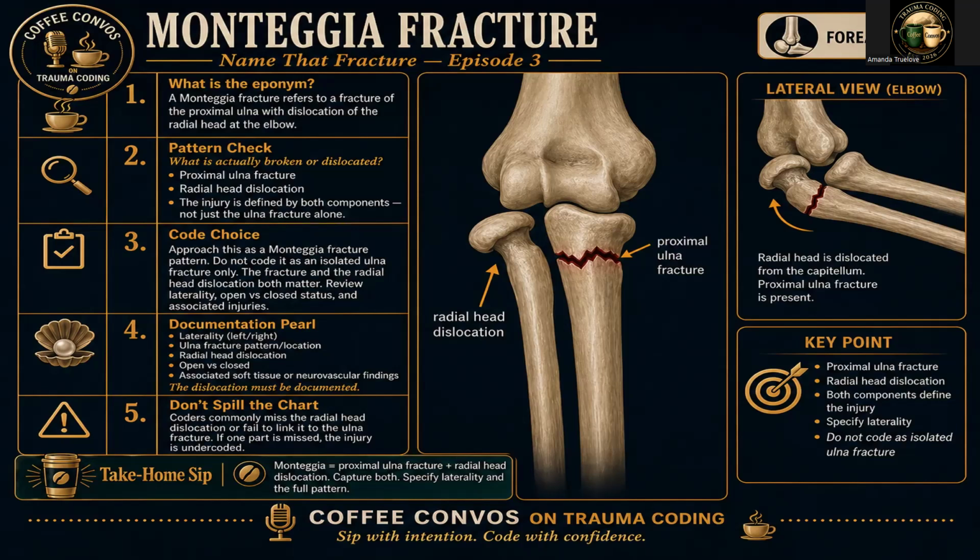So for our pattern check, what are we looking at? We're asking what is actually broken or dislocated. Well, that answer is the ulna is fractured and the radial head is dislocated. And that matters, because if we only capture the ulna fracture, we miss the part of the injury that makes it a Monteggia.